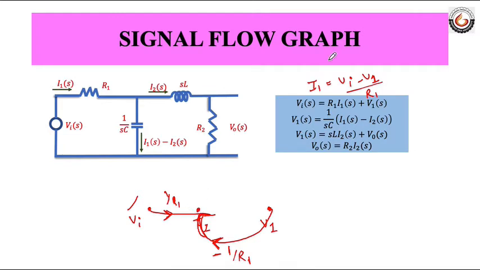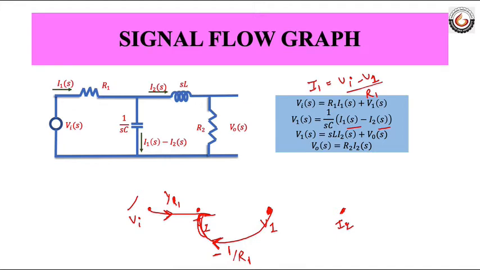Okay, so I will now find out V1 in terms of I1. If you see, V1 is dependent on I1 and I2, so it is dependent again on two terms.